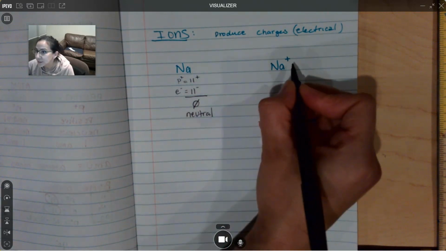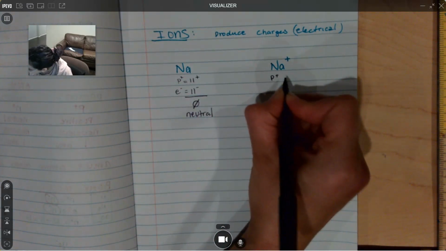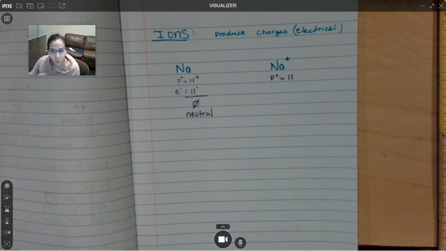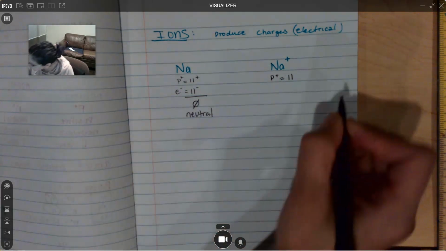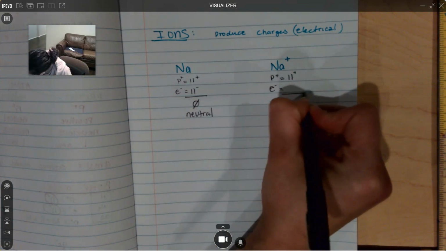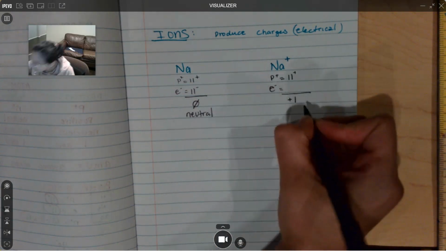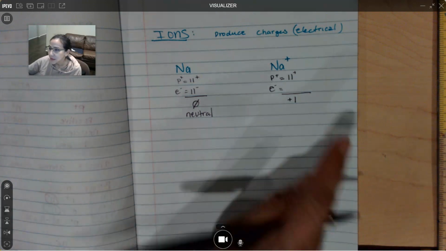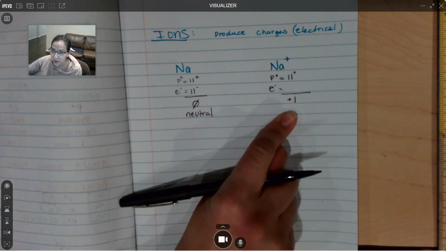In this sodium, protons is equal to 11. Notice we did not change the number of protons. Electrons, I don't know. However, I do know that I end up with a positive 1 charge. Well, just do the math. 11 plus what gives me a positive 1?